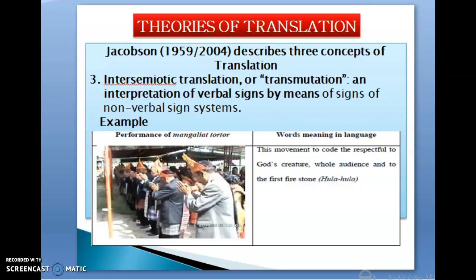Now the last concept is transmutation, or intersemiotic translation. Intersemiotic translation is an interpretation of verbal signs by means of signs of a non-verbal sign system. We can see the situation of this by the movement of the hands and the head. It is a performance of manortor in Batak culture.